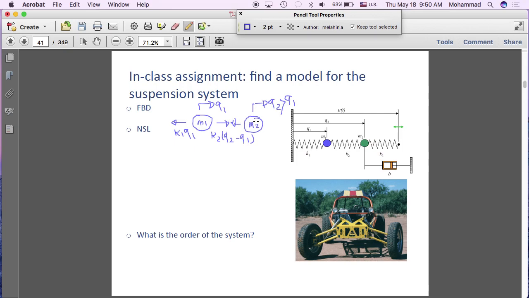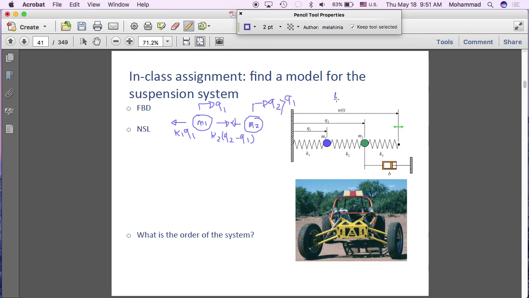For mass 2, we have, of course, the force coming from K2, but we also have the force coming from K3. And the assumption we are going to make is that U, the input, is larger than Q2.